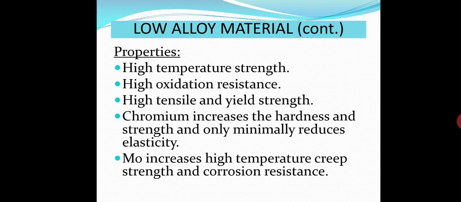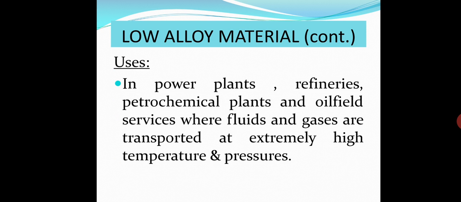And it has a significant property, that is strength at very high temperature, for which these are used in power plants, refineries, petrochemical plants and oil field service where fluids and gases are transported at extremely high temperature and pressure.